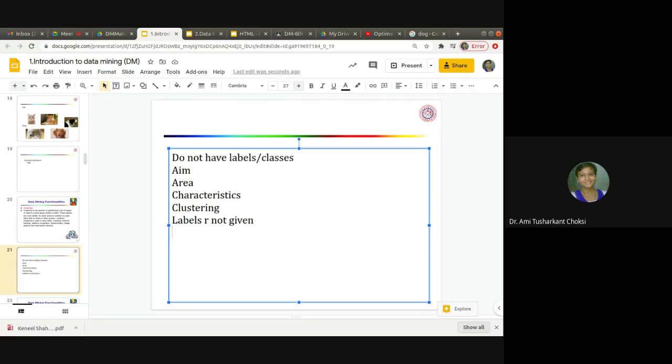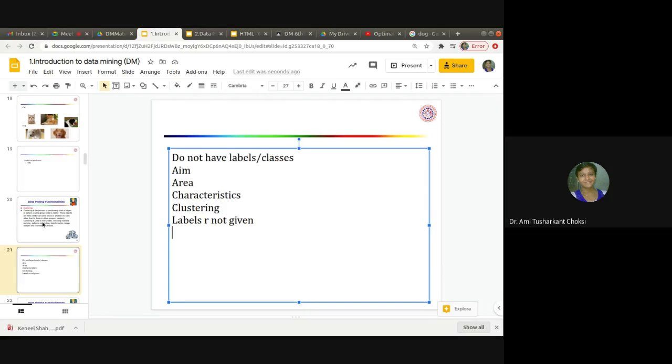She has the same aim like me. She has the same hobbies like me. She comes from the area where I stay or nearby, right? These are the characteristics you try to find among your friends and classmates, and then you make the group, right? So that is what clustering is.